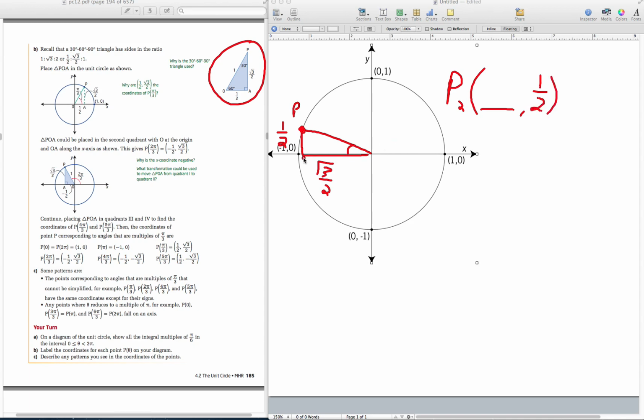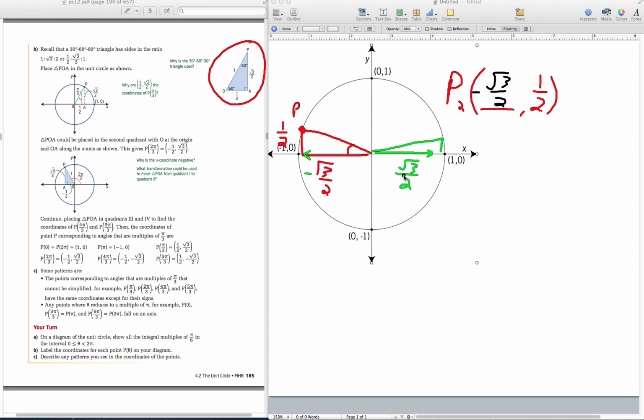Now I need to figure out what this is. Well, last time, when we were dealing with this triangle, this was root 3 over 2. So if this distance here is root 3 over 2, then that distance can't be root 3 over 2 because I'm going in the opposite direction. So we call that negative root 3 over 2. And that's how we write it here. This is going to be negative root 3 over 2. So that's how we figure that one out.